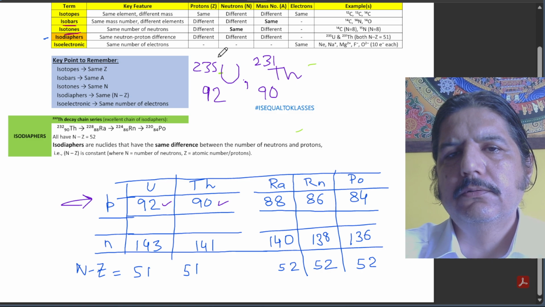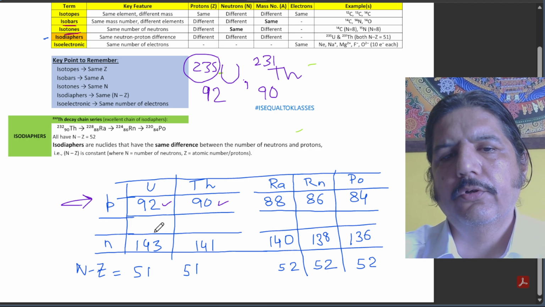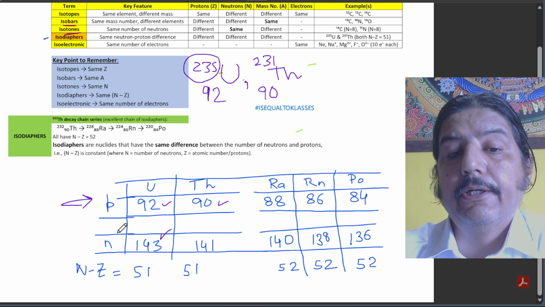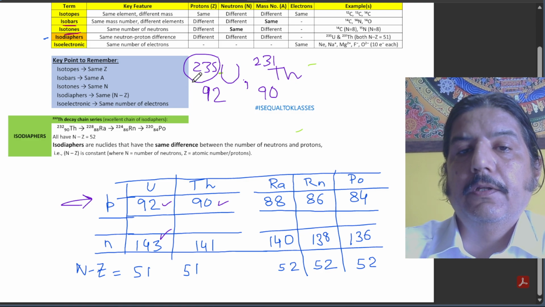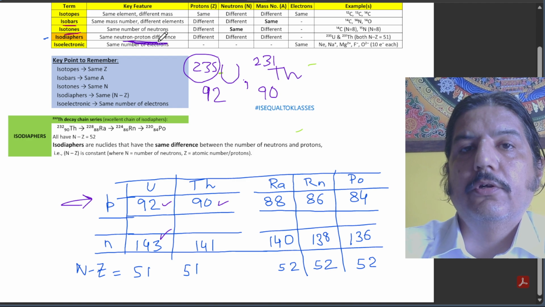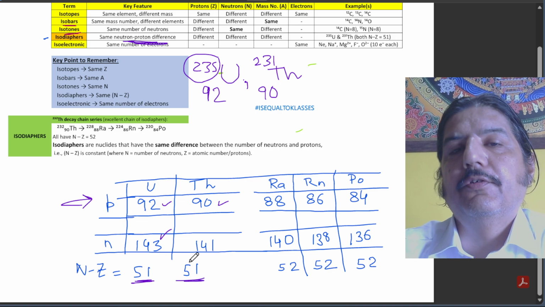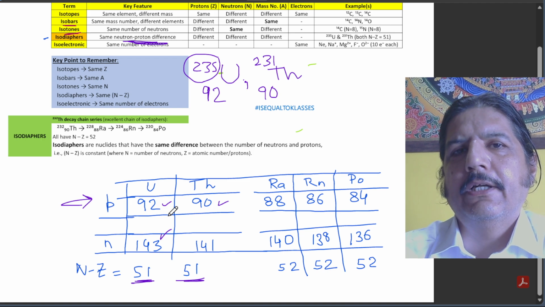Using the mass number, I can calculate the number of neutrons. In uranium, the number of neutrons is 143. In thorium, the number of neutrons is 141. Now when I do neutrons minus protons, in uranium it is 51, in thorium it is 51. So uranium 235 and thorium 231 will form an isodiaphers pair.